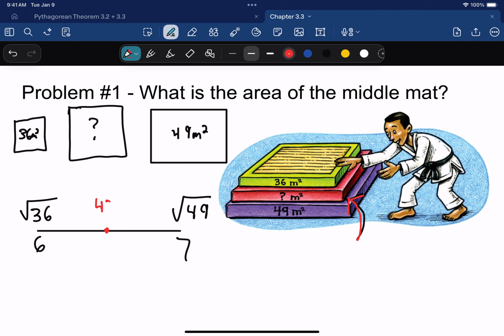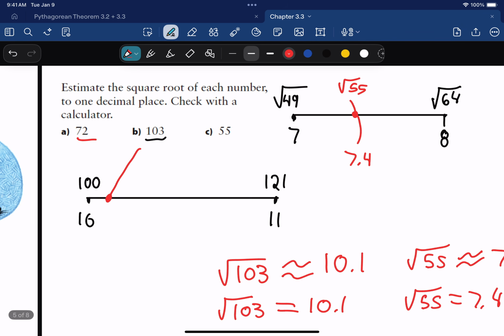So 42 would be a fairly reasonable estimate for the size of this mat because it's pretty much in the middle. And the side length of the mat would be 6.5 meters. Okay, so you can kind of see we're using the number line again.